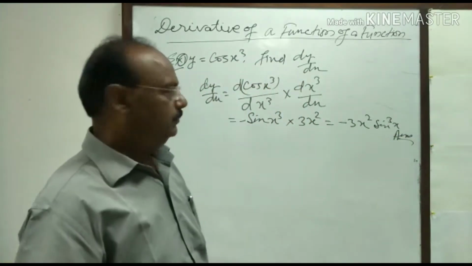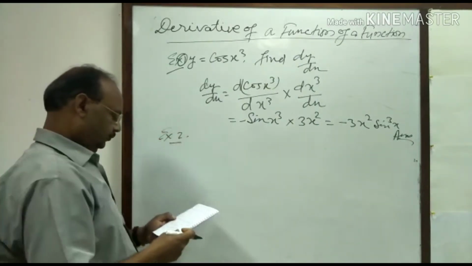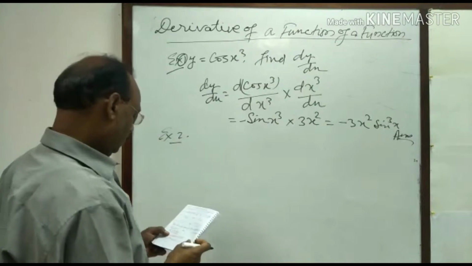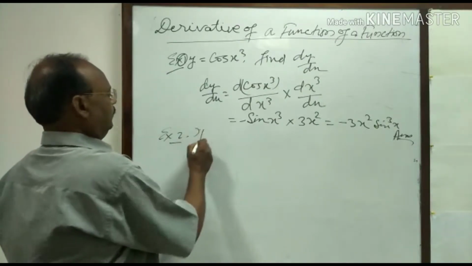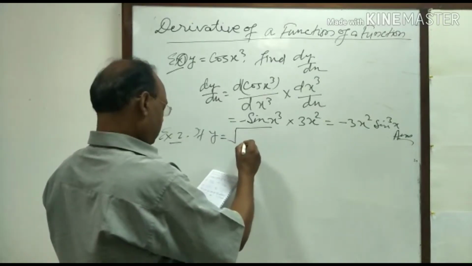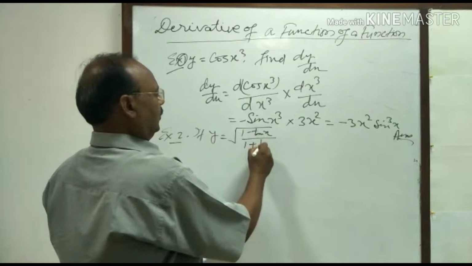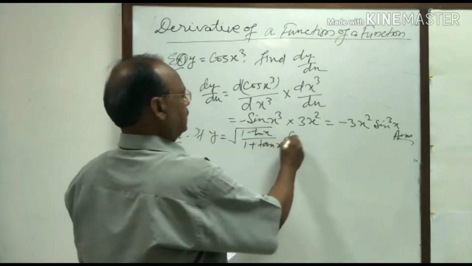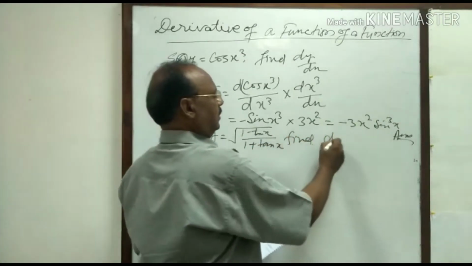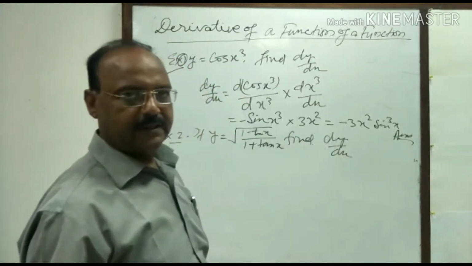You see next question. If y is equal to root over (1 minus tan x) upon (1 plus tan x), then find derivative of y with respect to x.